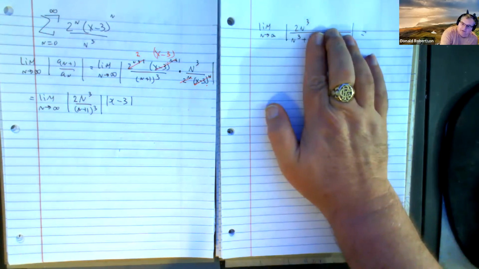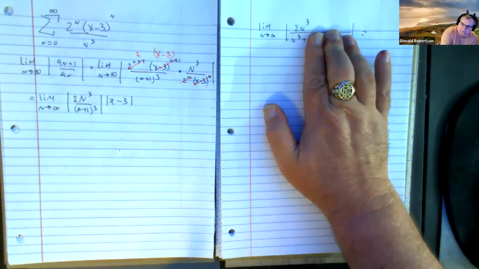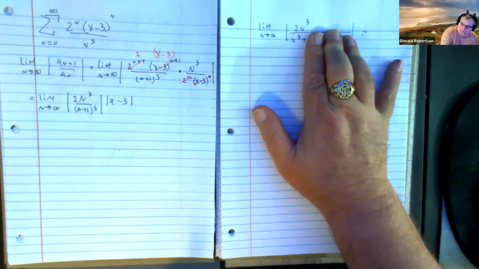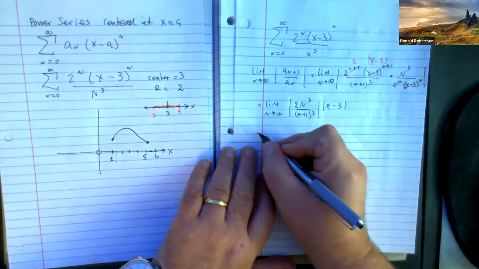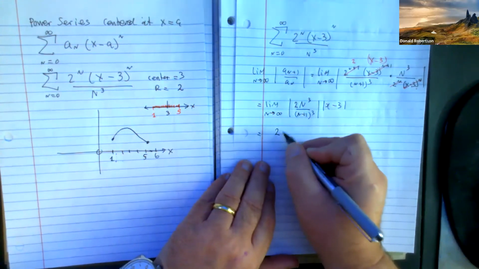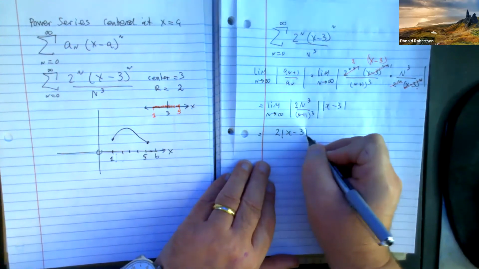We've done enough powers over powers to kind of see what's going on here. If I cover them up, does it help any? What number would that ratio be? Last chance? Yeah, 2. So it's going to be 2 absolute value of x minus 3.